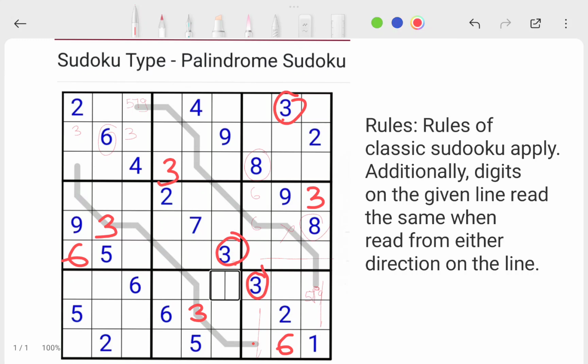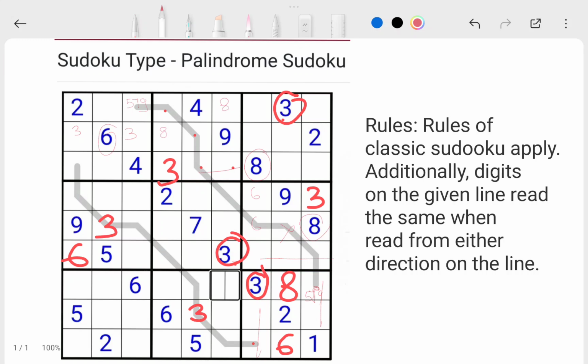Now 8 will come here. Now with the palindrome rule, we can block these cells for 8. So in this box also, we can block these cells for 8, and because of classic, we can block these cells for 8. So 8 will come in either of these two cells.